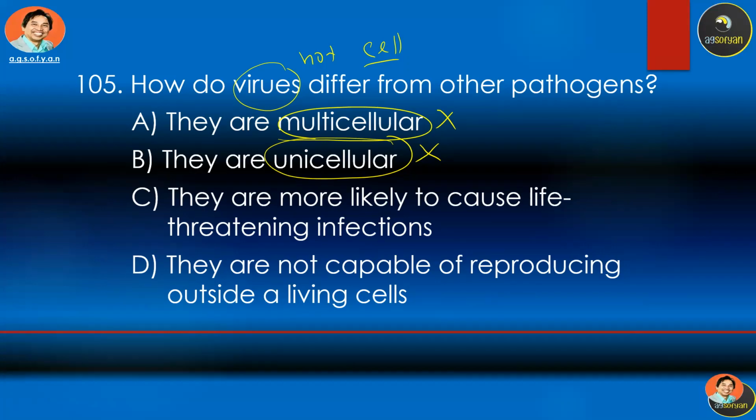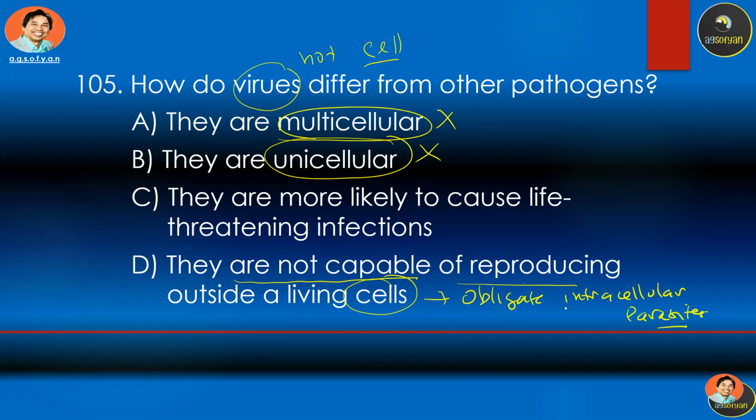But the truth about viruses is they are not capable of reproducing outside the living cell. So they have to be inside the cell. They are called obligate intracellular parasites. So a parasite that has to be inside the cell in order to cause problems or in order to reproduce.